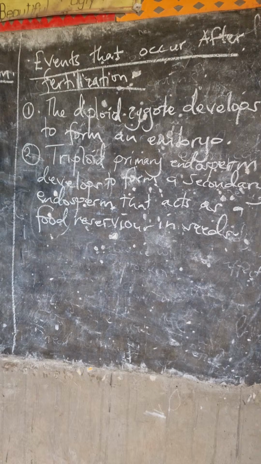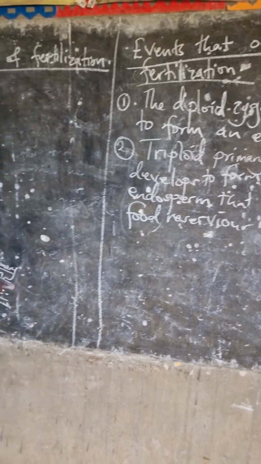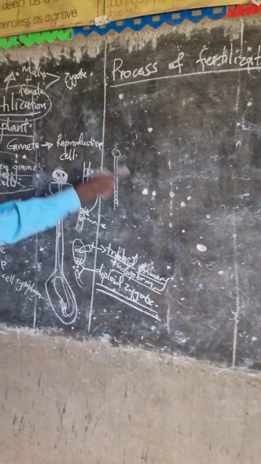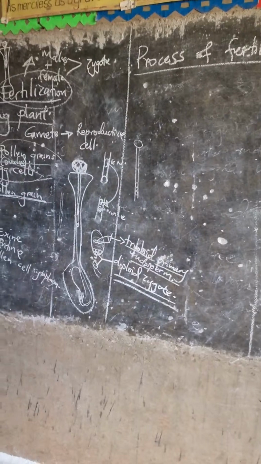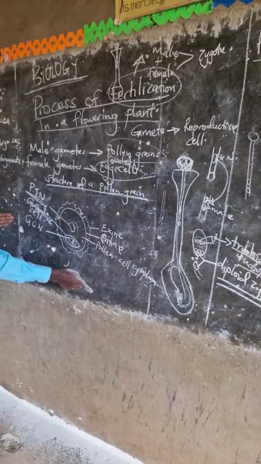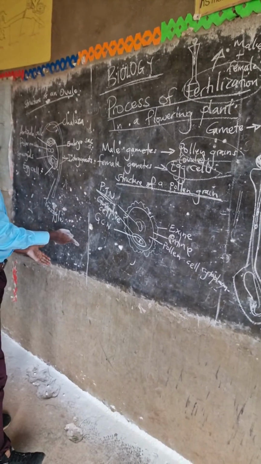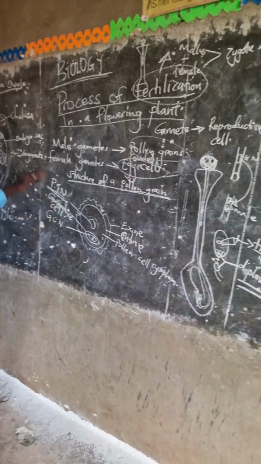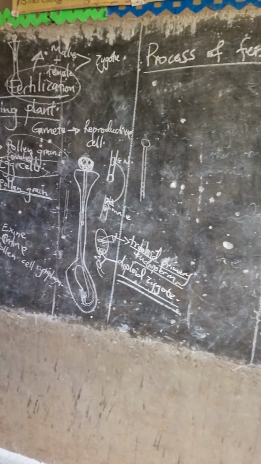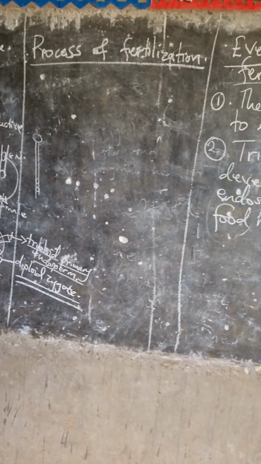We've seen the process of fertilization. Please, if you can, write a summary for this process of fertilization. Base it on this explanation we made. Know the structure of these ones, the pollen grain and the ovule. Don't make a detailed one, because I think the detailed one is for the advanced level.